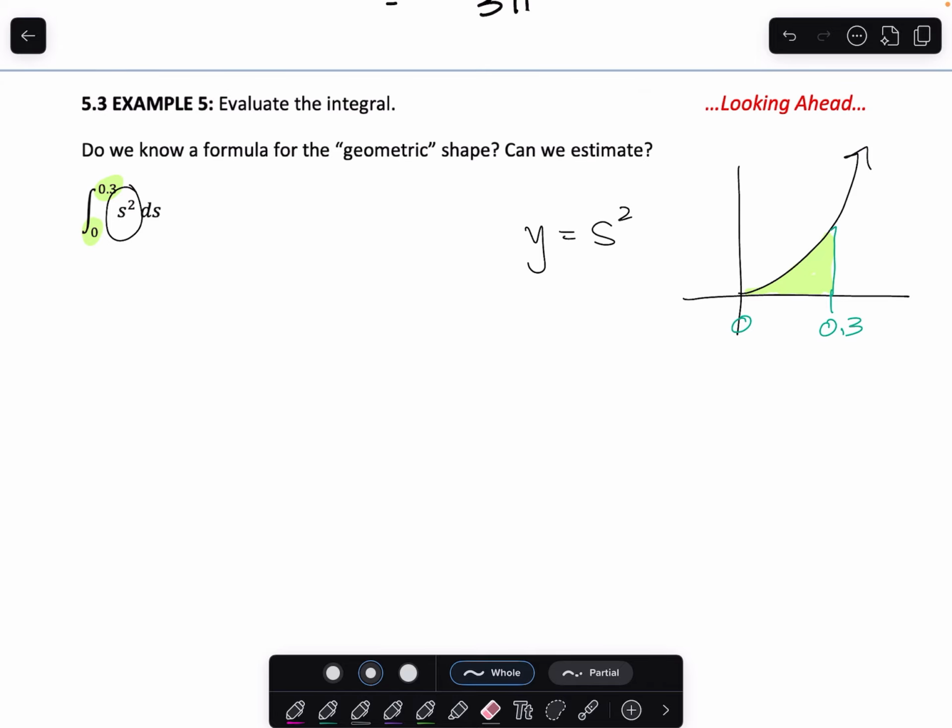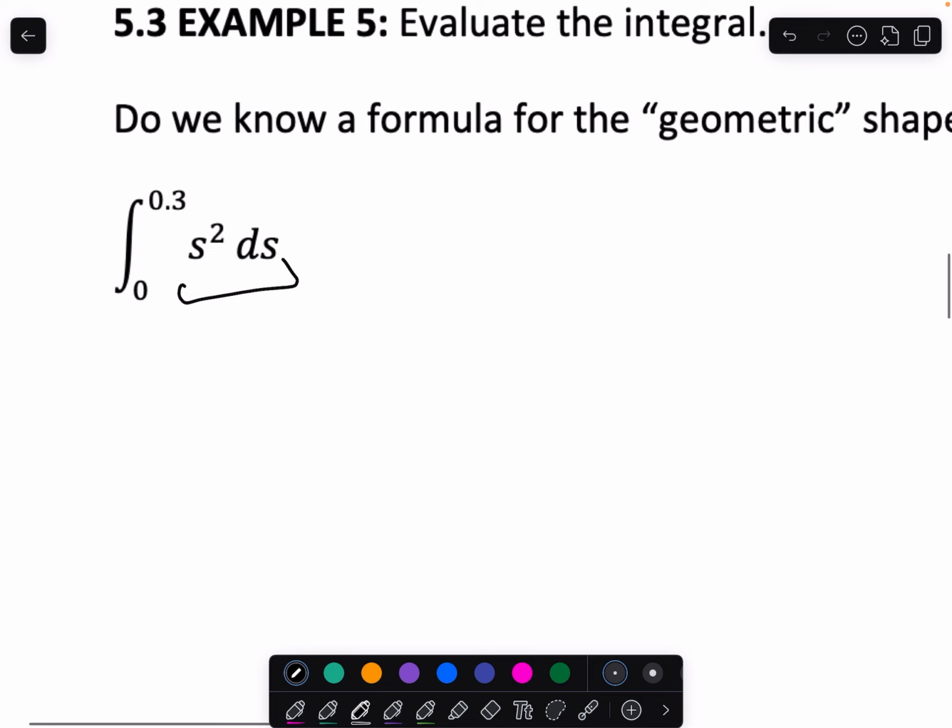So if I were to evaluate s squared and find that integral value using the power rule for integration, that would be s squared over 3 evaluated from 0 to 0.3, which is the same as 1/3.